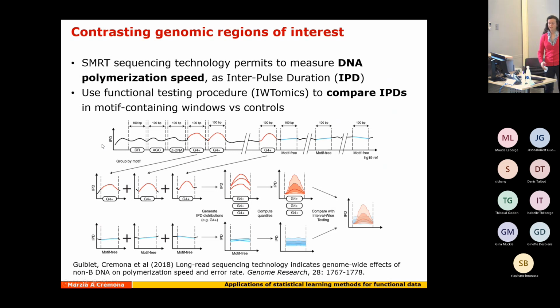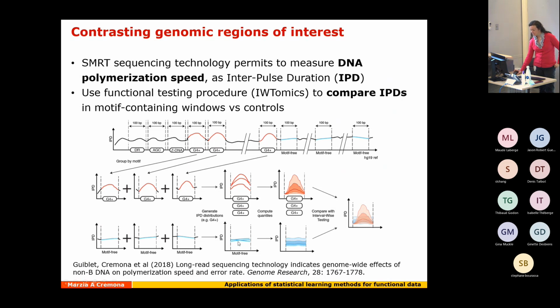So what we did here, well, we took our genome, we selected the regions of the genome where we had a particular type of motif that could form these weird three-dimensional structures. For example, here we have a G quadruplex. Then we took regions of the genome that should form the normal double-stranded DNA.